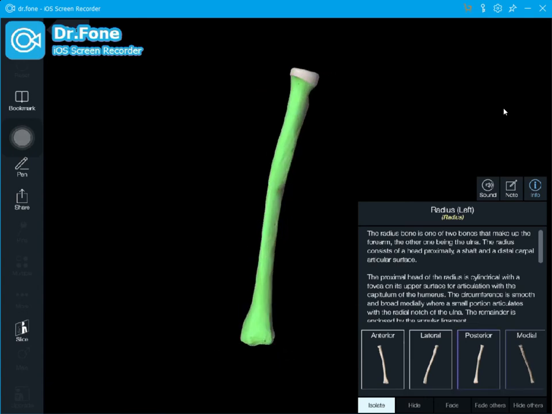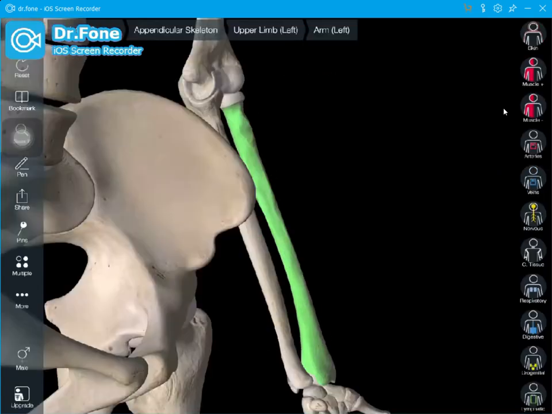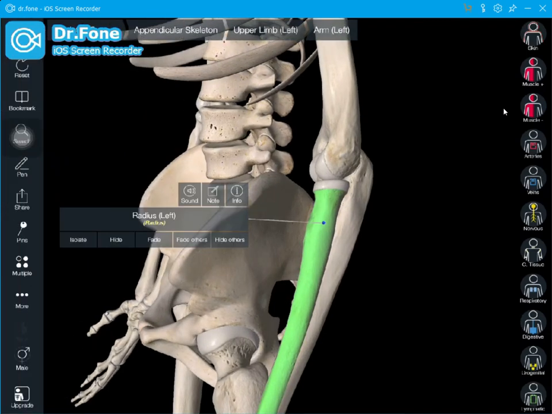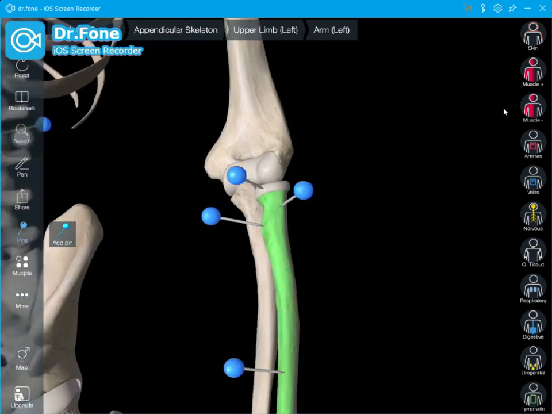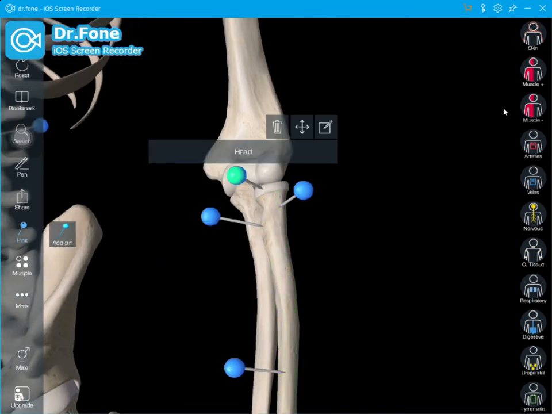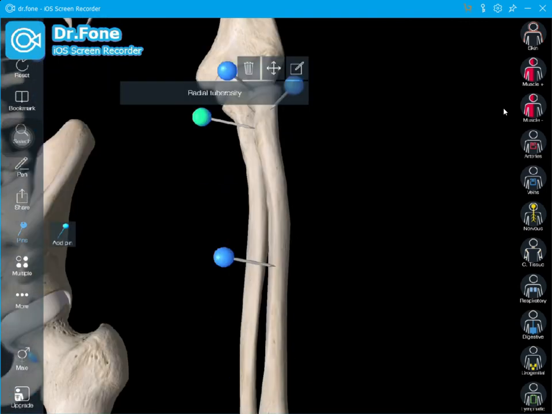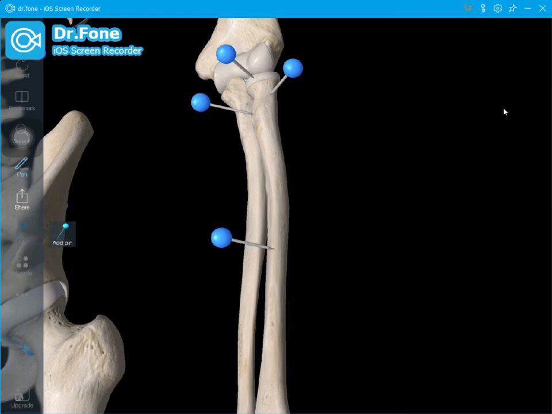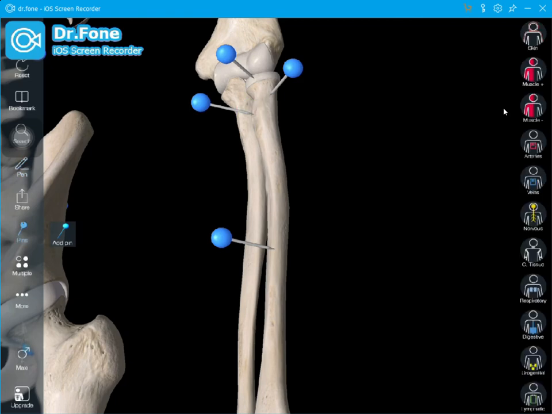Lateral, posterior, medial. Important things in lab when you're thinking of a radius are the head, the neck, and the radial tuberosity. That's a little bump right there.